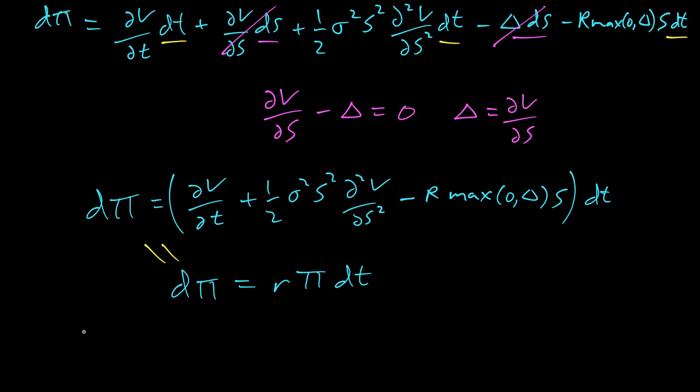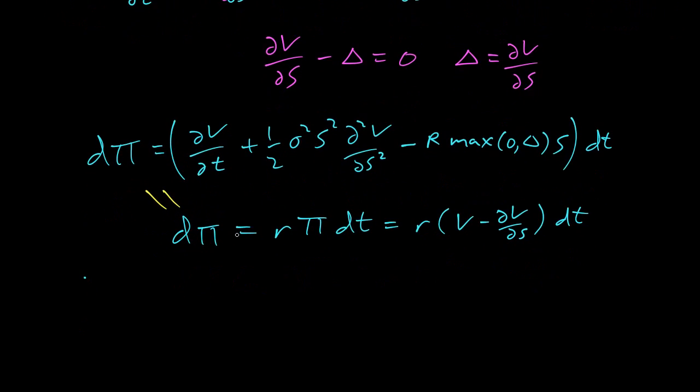Let's write out all the terms here. So I'm setting these equal. Let's also expand out pi here. So this will be r V minus delta, which is partial of V with respect to S, dt. So I'm going to set these equal and divide both sides by dt.